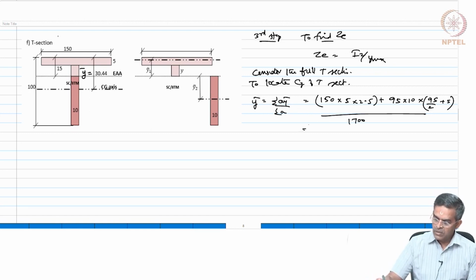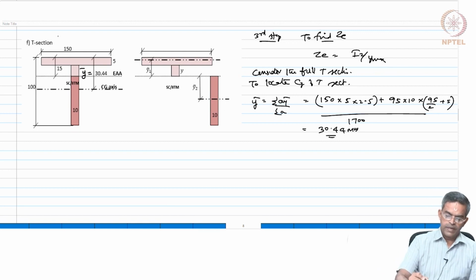If you work this out, y bar will become 30.4 millimeters, which is indicated here.